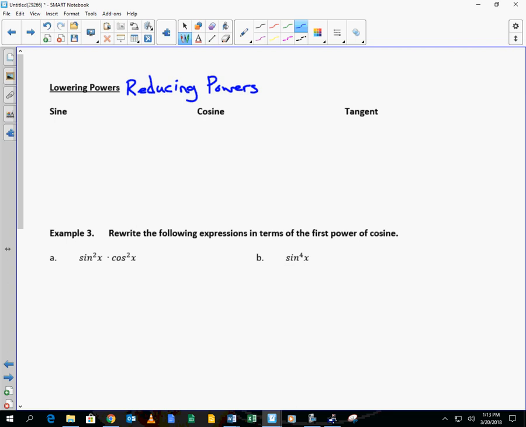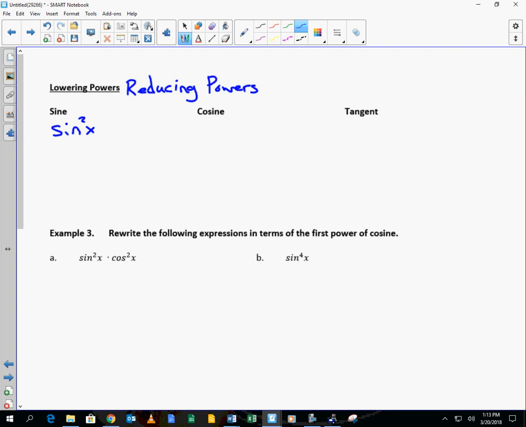Our goal today is to take some trigonometric expressions and try to reduce the powers or lower the powers. You might wonder, why would we want to do that? Well, if you have sine squared of x, in calculus, that could be a very complicated expression.